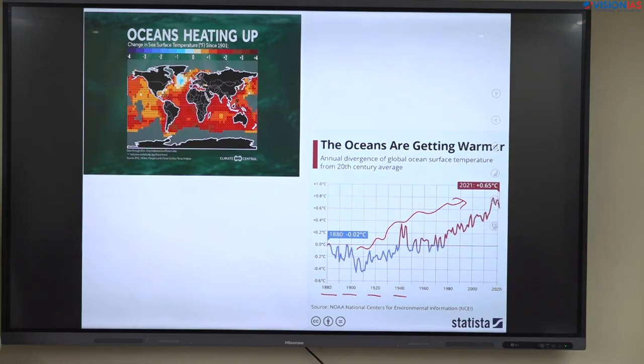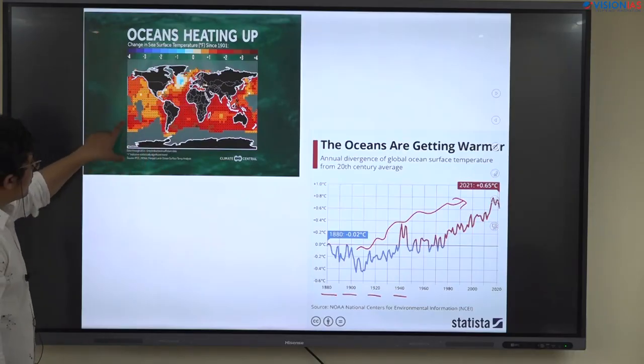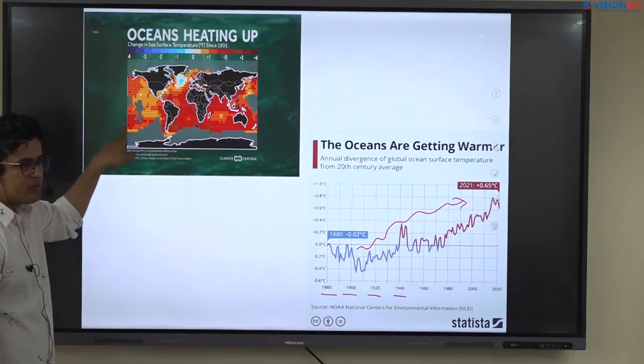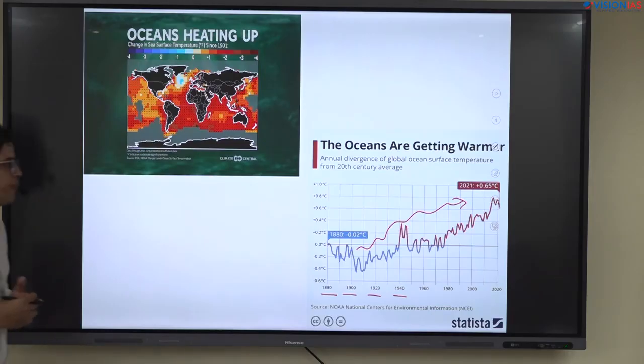Even the records confirm it. If you look at the world map, the more red the area appears, it means it has become more and more warm. So the worst impact of climate change is on oceans. Ocean water is becoming warmer.